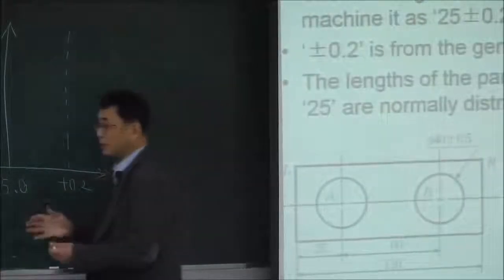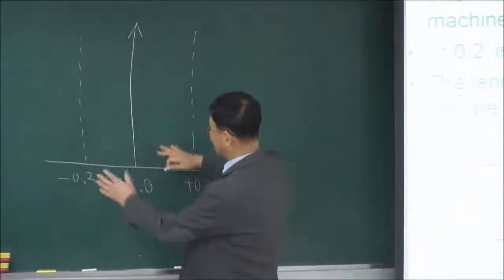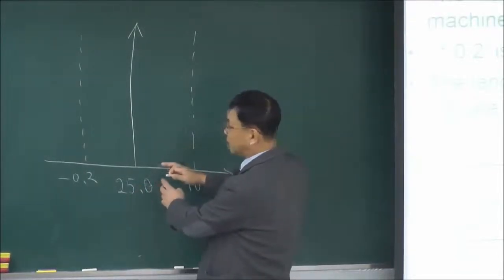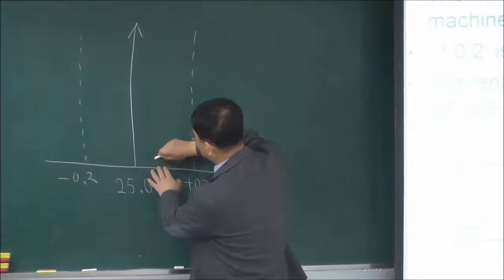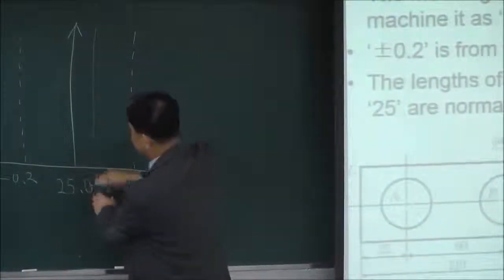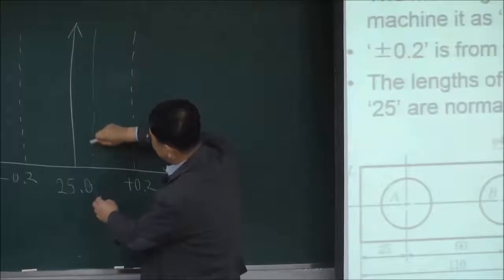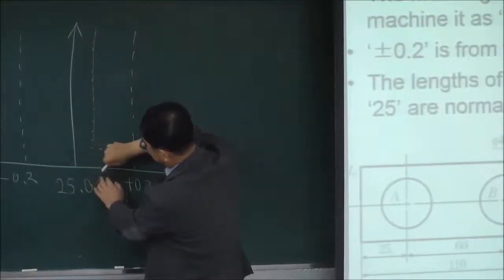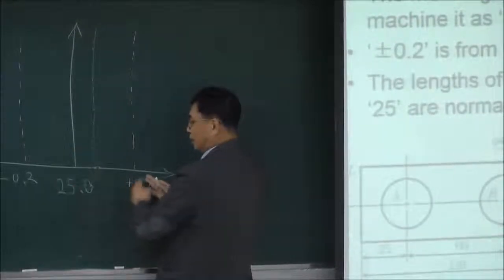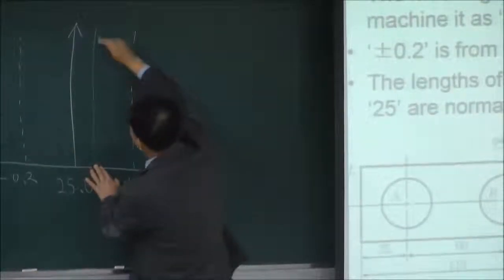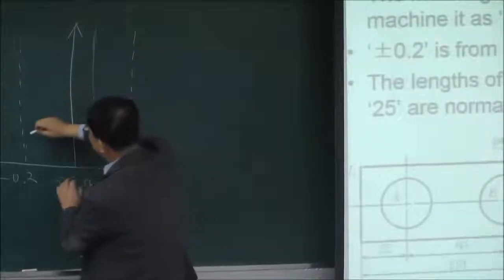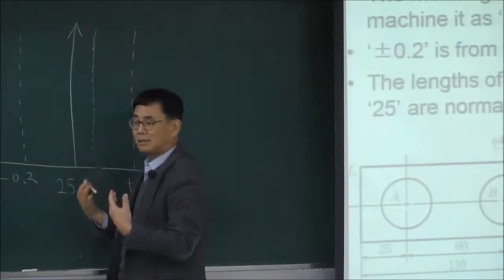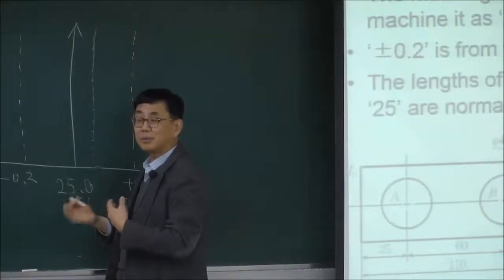The average is not like 25.0. The average would be somewhere else between plus minus 0.2, with so many parts concentrated there, and the distribution is worse than normally distributed.